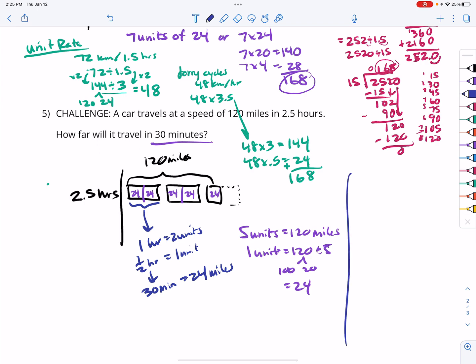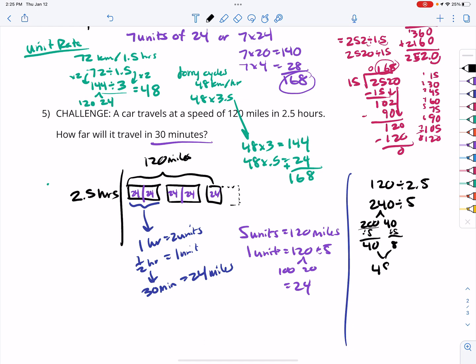So let's see. I just want to look at this with the unit rate style. We have 120 miles in 2.5 hours. So I'm going to double those. So that's 240 divided by 5. Well, 200 divided by 5 and 40 divided by 5. 200 divided by 5 is 40, and 40 divided by 5 is 8.